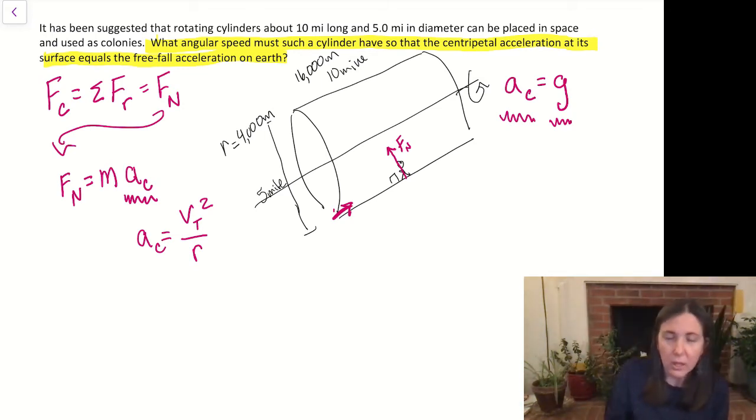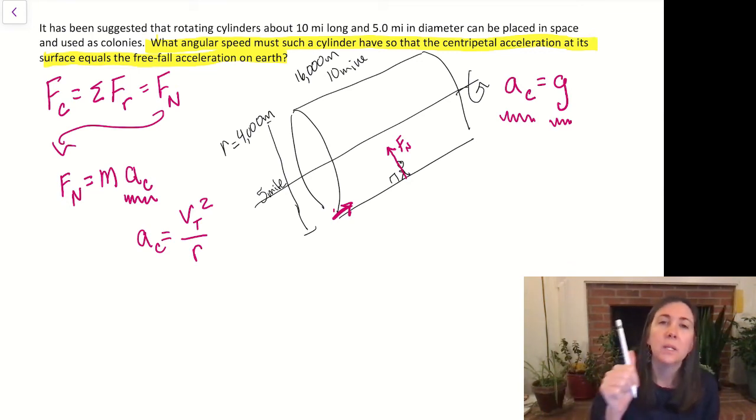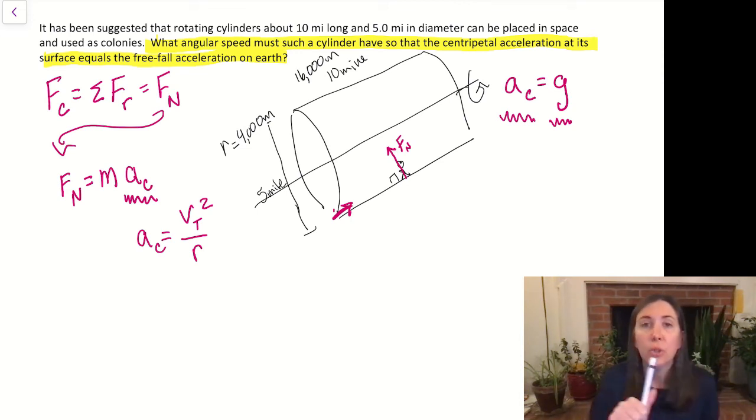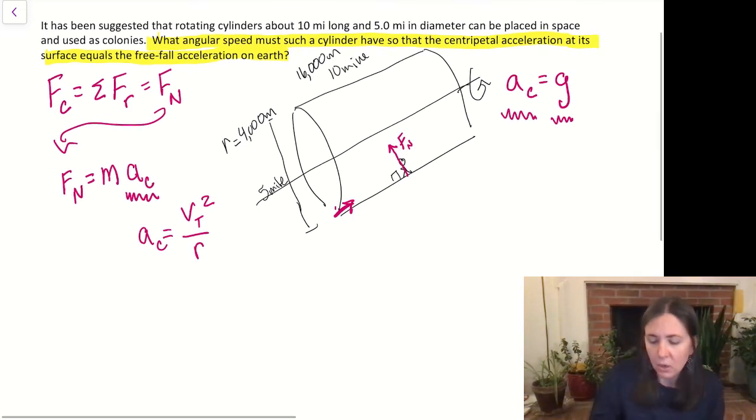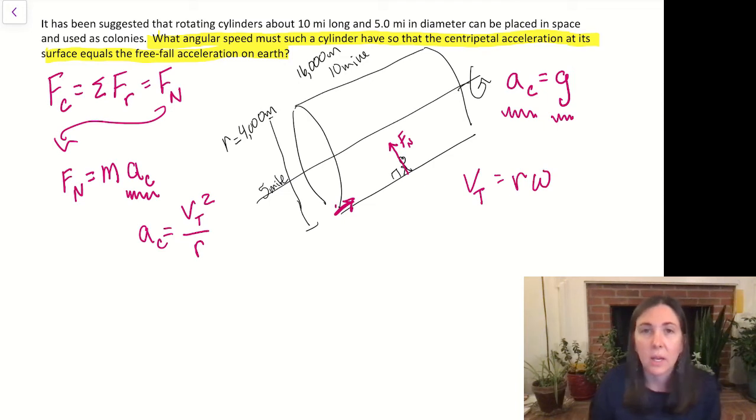In order to do that, we need our bridging equation from linear or tangential speed to angular velocity, where the tangential velocity is the radius times the angular velocity.